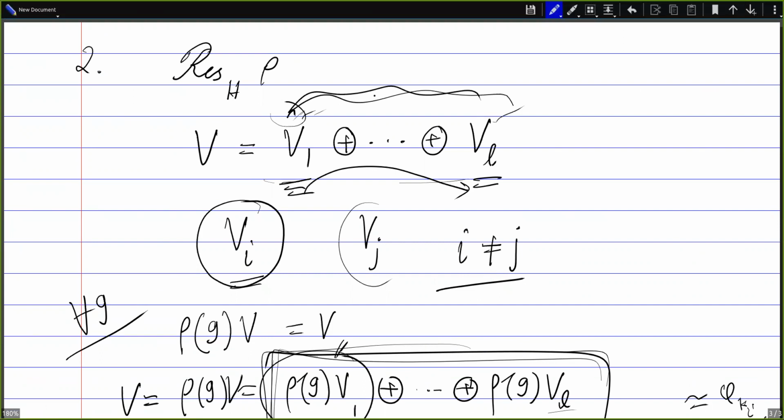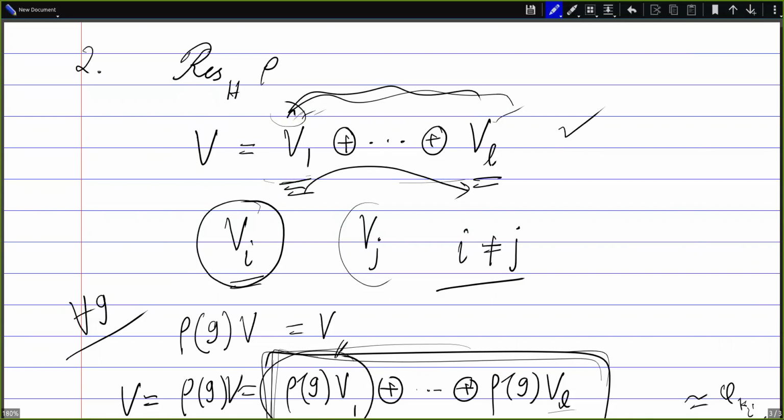I repeat, if some irreducible representation occurs there, then the subrepresentations which are isomorphic to that irreducible representation will come together, and once we put them together, they will constitute one summand in the canonical decomposition.